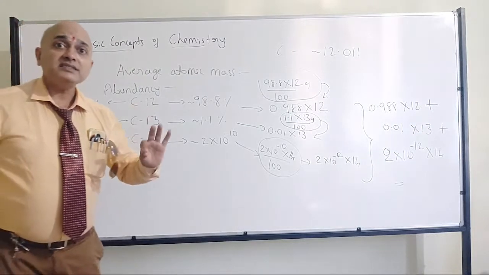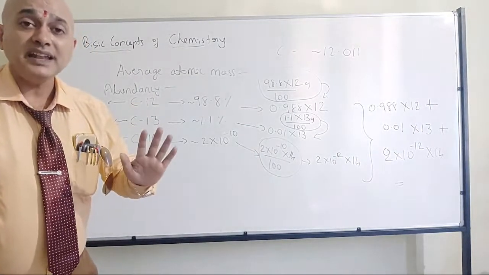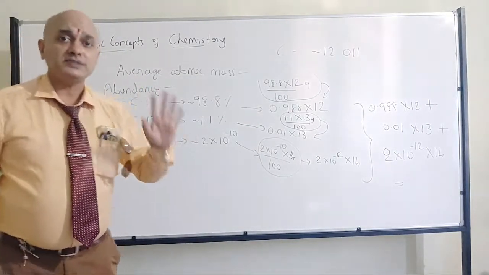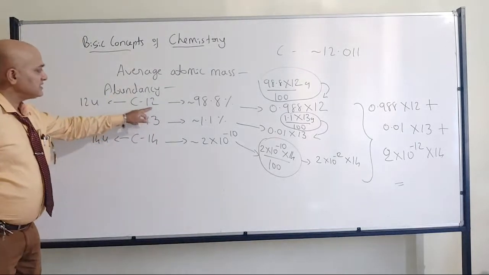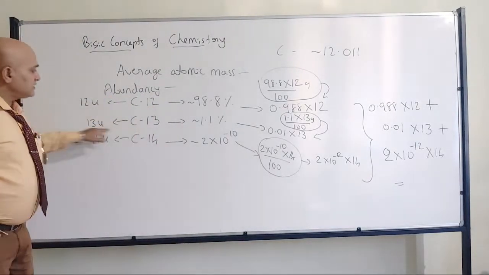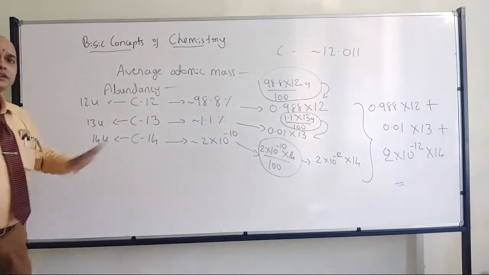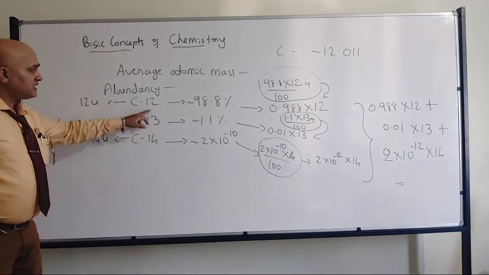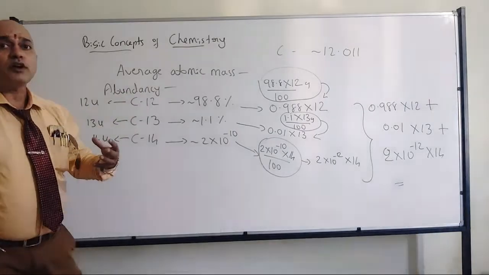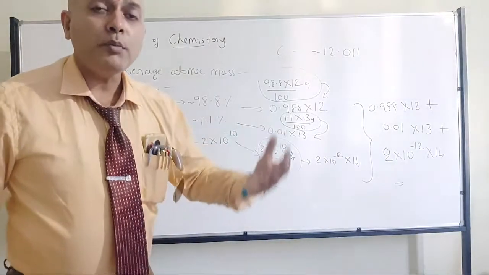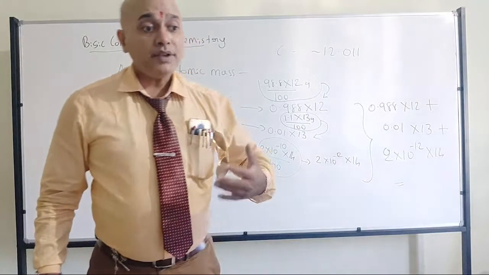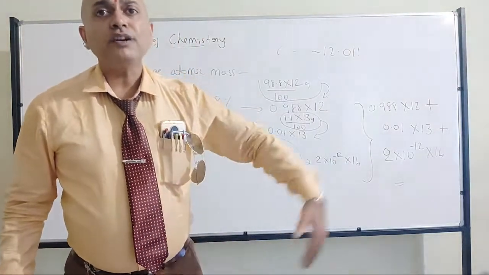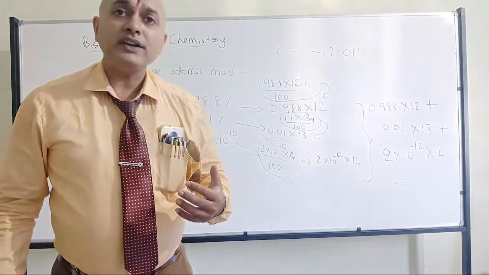But if I take simply atomic mass, then there is no percent occurrence. Simply atomic mass means yes, 12 gram, 13 gram, 14 gram, done. Because this one has a single atom, or this one is pure carbon 12 I am talking about. But when I am talking about average atomic mass, I am dealing with isotopes, a group of carbon. Got my point?